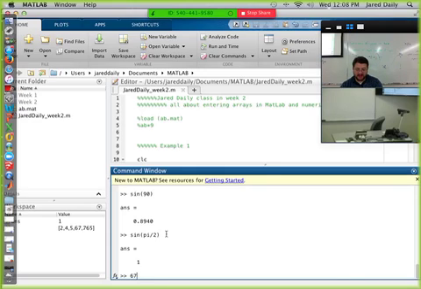Then I divide that by 360 and multiply by 2 times pi, and that will give you your angle in radians. 67 degrees turns out to be 1.1694 radians. So if I take the sine of my answer, if I just type in answer because that's my last answer, I will get the sine of 67 degrees, which is actually 0.9205.